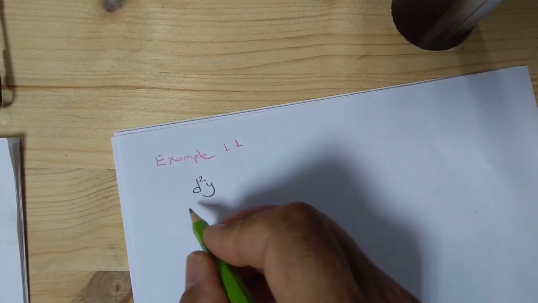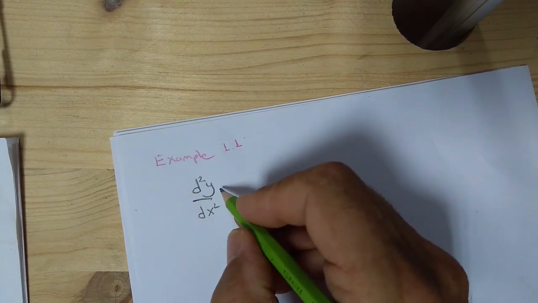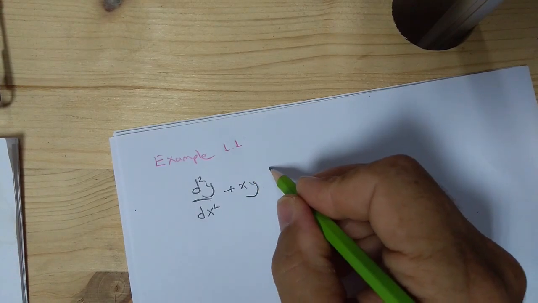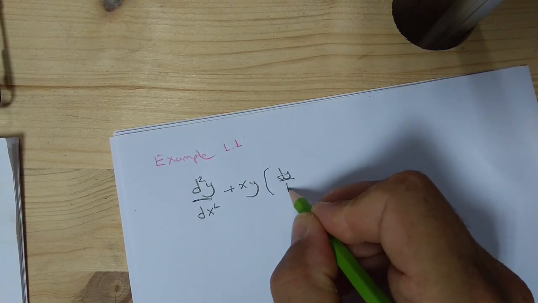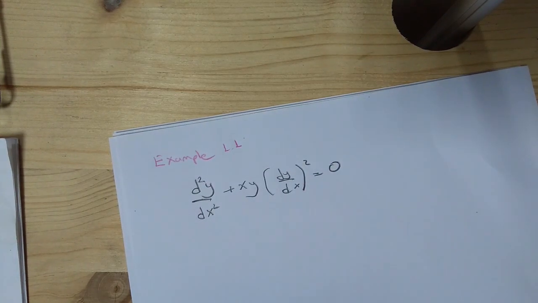This is a differential equation: the second derivative of y with respect to x, plus x times (dy over dx) squared, set equal to 0.